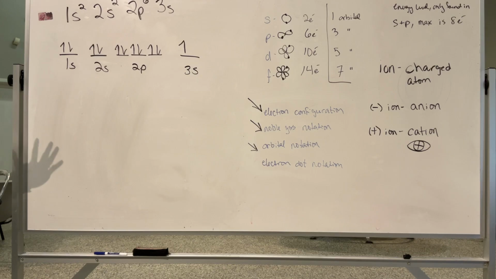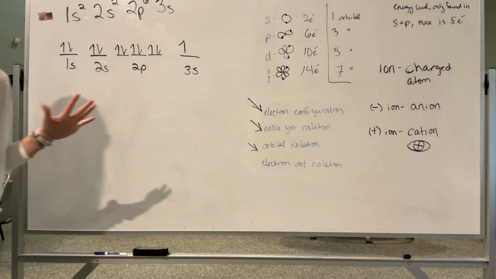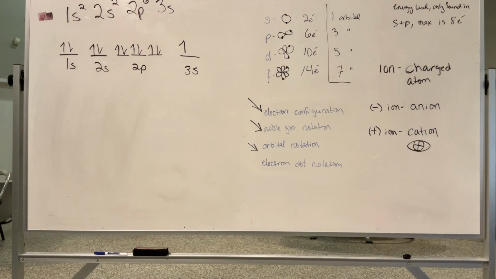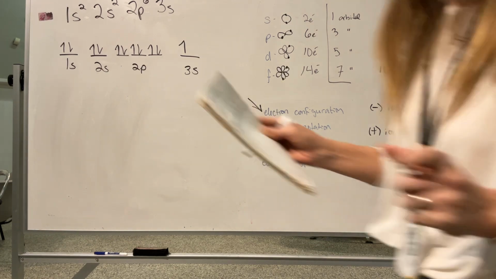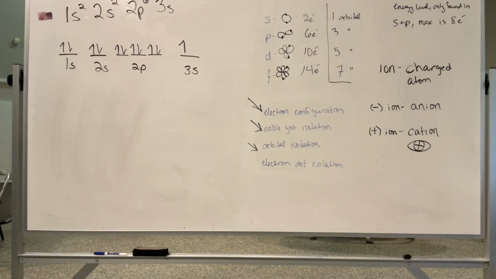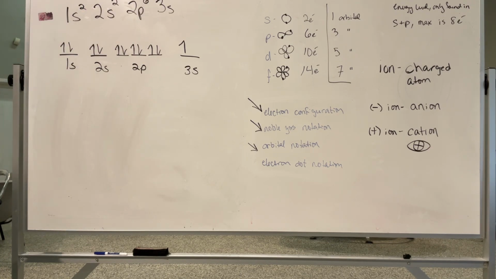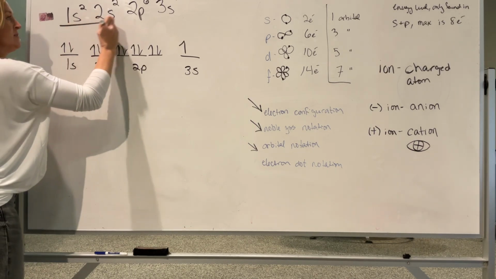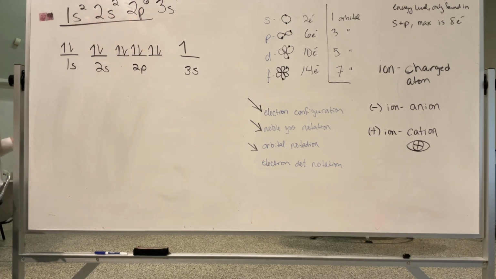Noble gas notation. What's my noble gas that I'm going to do for sodium? Neon. Right? So what am I going to start with? Brackets. Everything all of this is neon.